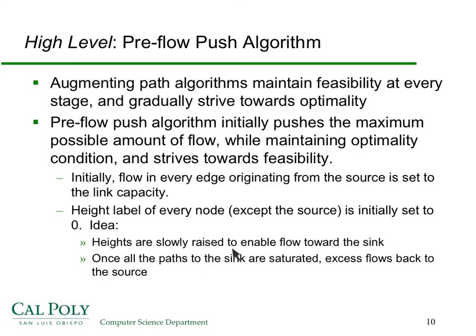And then what we do is we slowly raise the heights to enable the flow to flow down towards the sink. And we keep doing it. You think of this as a sort of plane where we've got a wave going through it. The nodes closest to the source are going to go up first. Then the next set of nodes are going to go up.